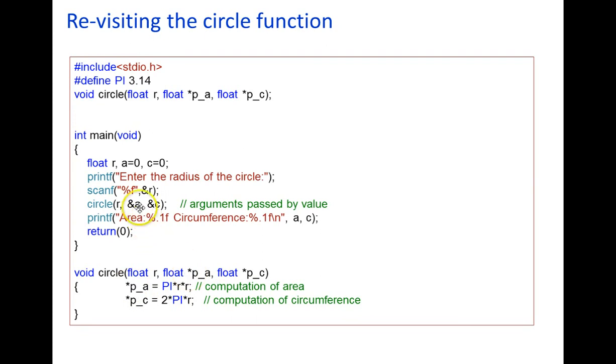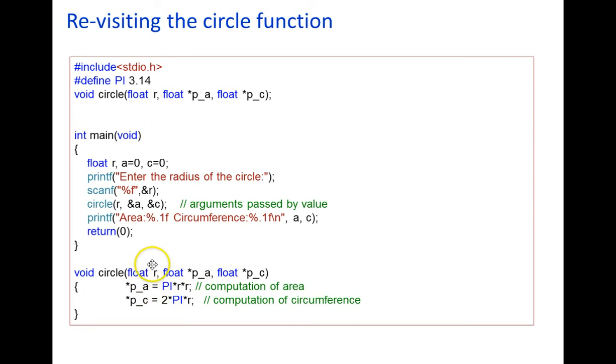And when we do that, that's going to be A. Do this calculation, pi r squared, and put that into A. Now take 2 pi r, follow the pointer, star P C, that's this one. It's going to go back to the call, remember was the address of C. So now C is going to contain 2 pi r, which now when we come down to the print, where we print A and C, we'll be able to print those two answers.